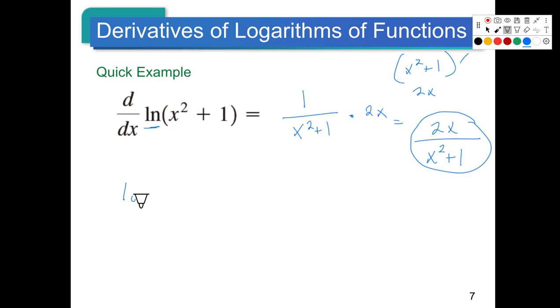What if we had log base 4 of x to the minus 5 plus 8? What's the outside part? Good. 1 over x to the minus 5 plus 8.